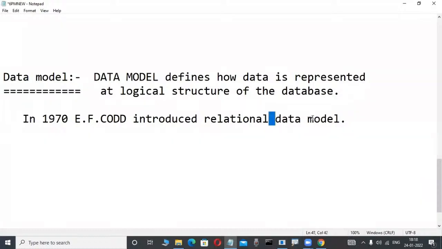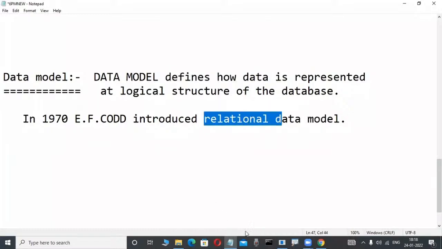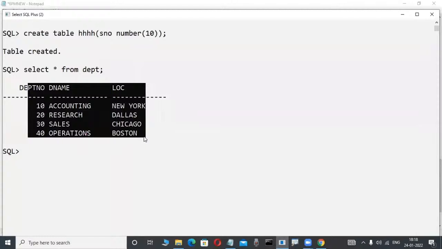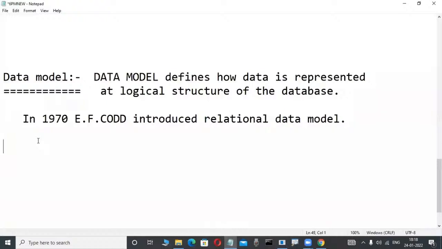Relational data model means what? What is the logic in a logical structure? How is data represented? Relational data model means, in a logical structure, this is a logical structure, which is not visible in the operating system. In this logical structure, data is represented in the format of rows and columns. That is nothing but two-dimensional tables.